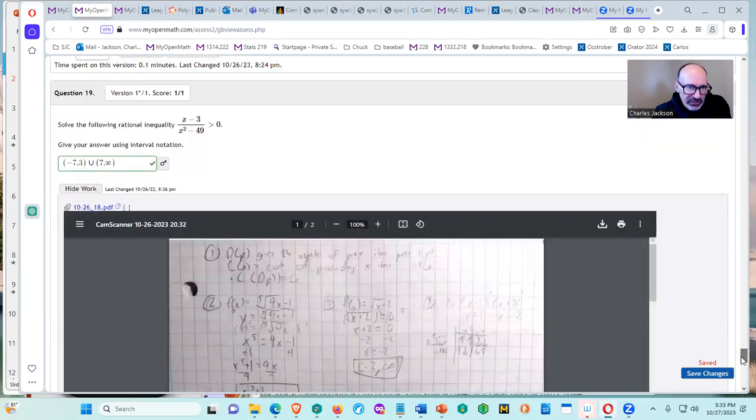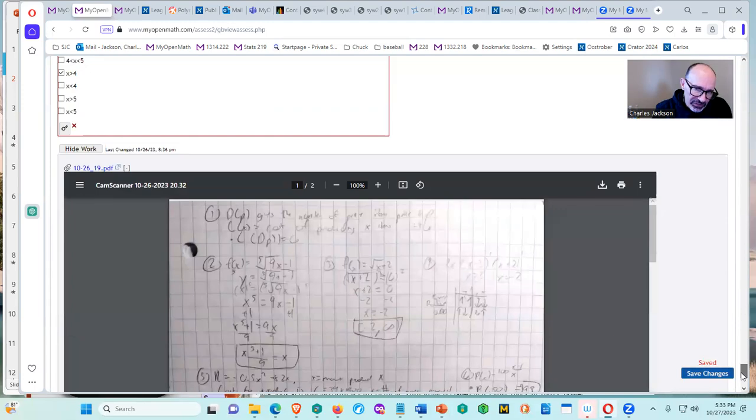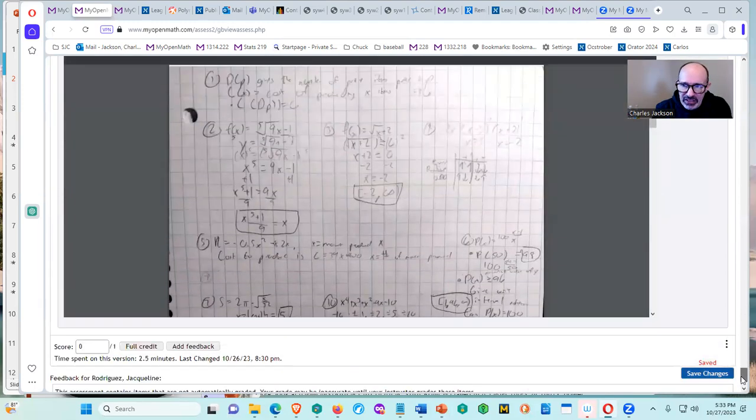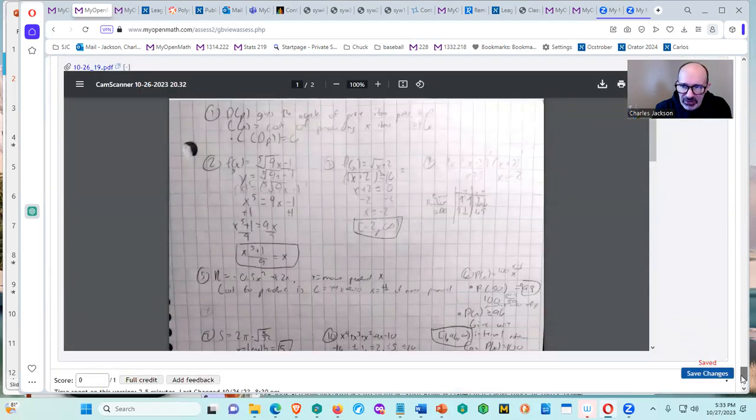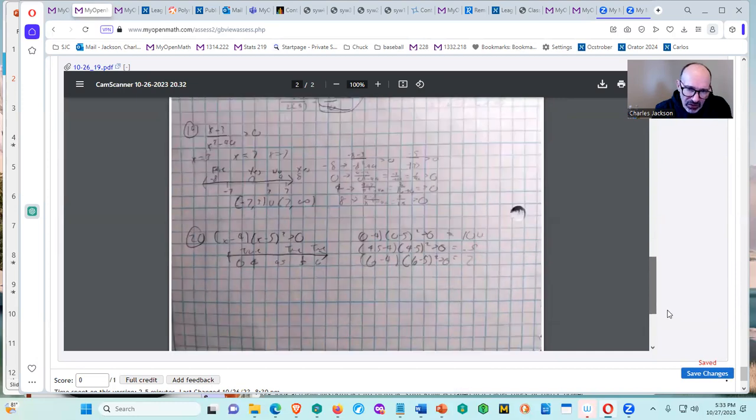19 will depend on your work, but it is good that you got the right answer. But then in 20, you didn't get the right answer. Basically, the key thing is I want to see test points. Not a bunch of algebra, not a bunch of inequalities.